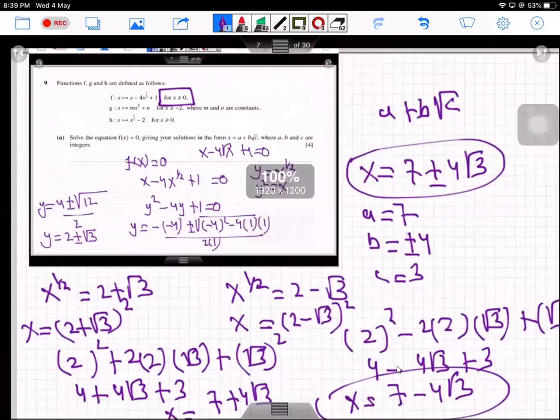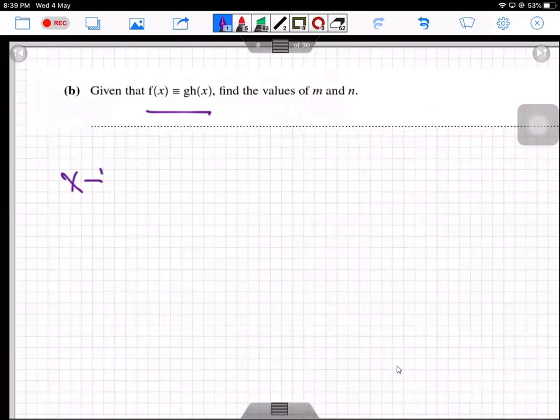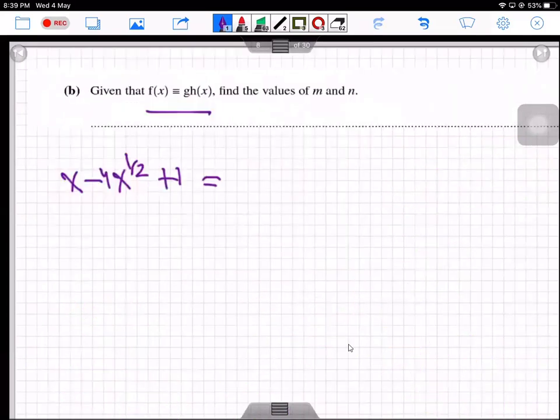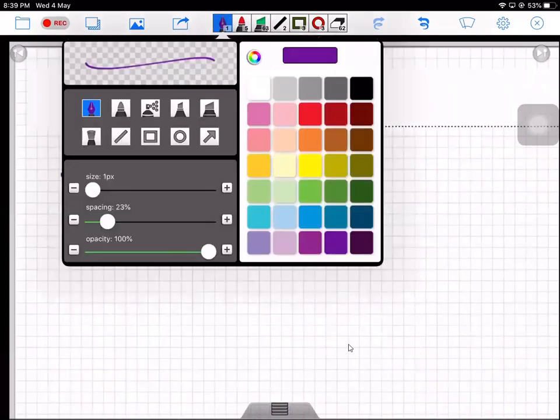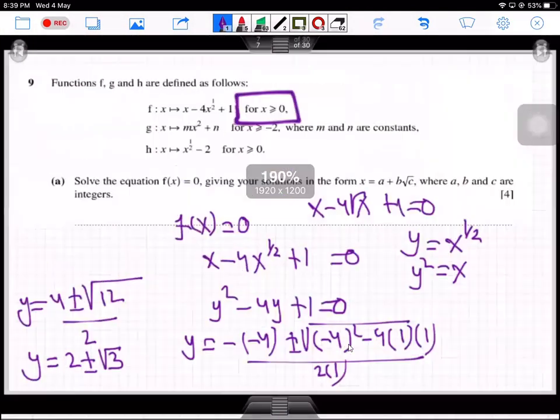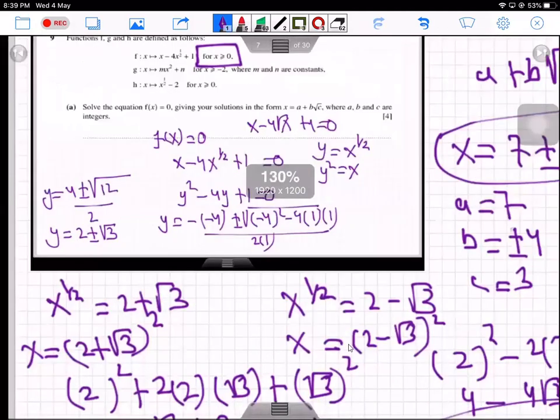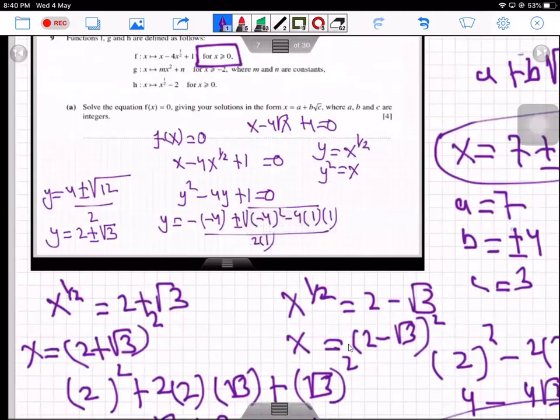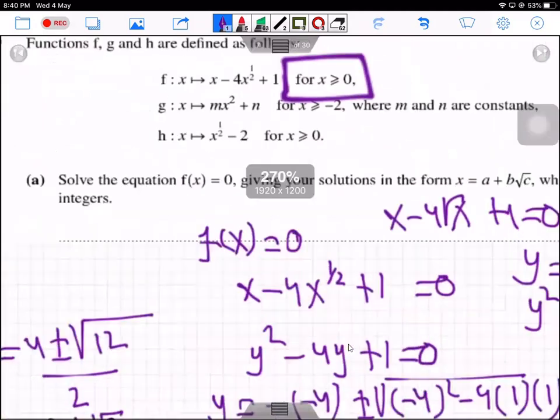Fx equals x minus 4x raised to the power half plus 1, and this would be kept equal to the composite function ghx. Let's do some working for finding the composite function ghx. Gx is mx square plus n, and the hx function is x raised to the power half minus 2.